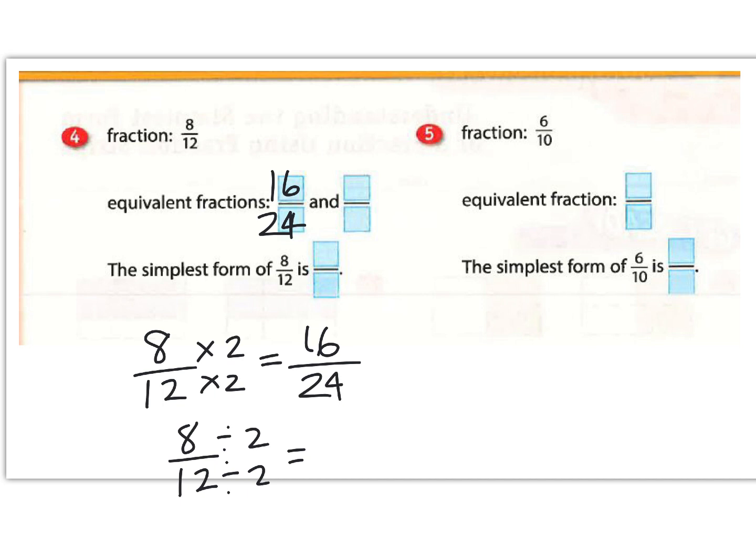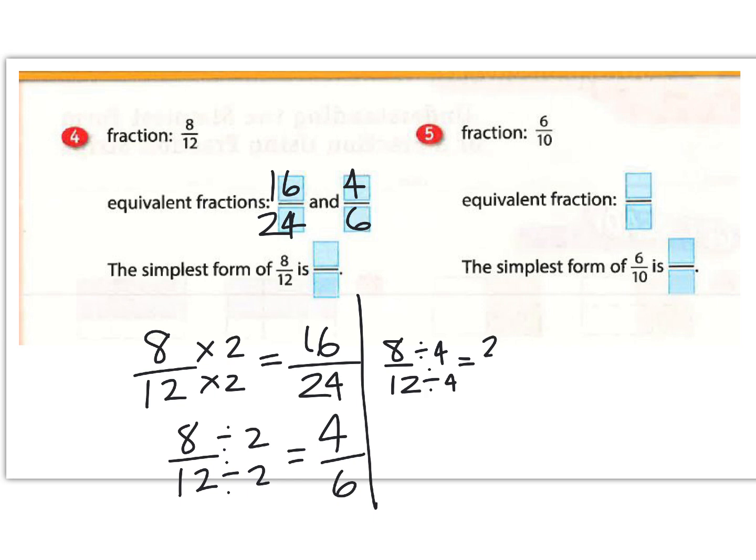And then we get 4 over 6. There's another fraction. And then in simplest form, if we did 8/12 and we divide top and bottom by 4, then we get 2/3, and that is the simplest form that it can go in.